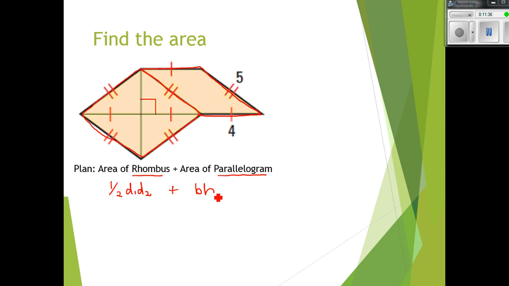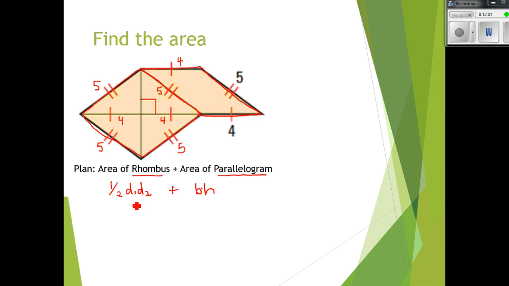Remember, that's base times height. As I go ahead and do this, I've got some missing pieces. So the first thing I'm going to do is label all the parts. Everything that has 2 hash marks, I'm going to label as a 5. Everything that has a single, I'm going to label as a 4.